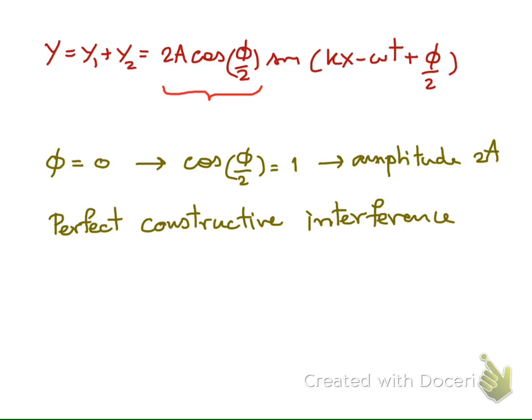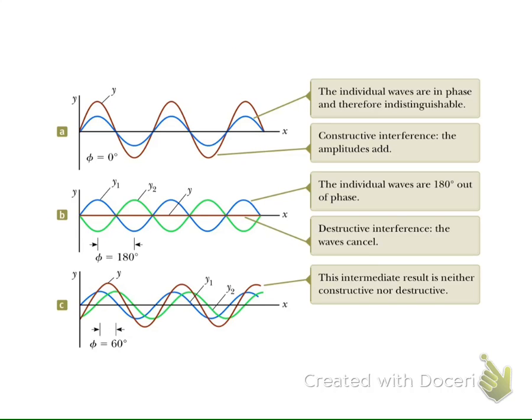If we draw the graph, or look at the snapshot of wave number 1 and number 2, we will see something like this. For the first figure, since phi is equal to 0, the two waves y1 and y2 are truly identical.